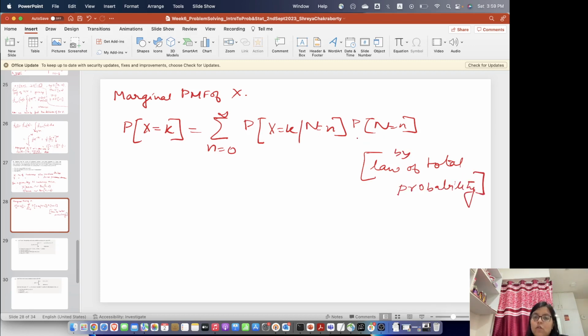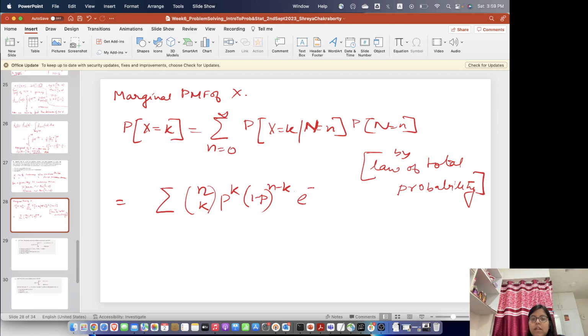Now x given n follows binomial n, p. So we can write it as summation n choose k, p to the power k, 1 minus p to the power n minus k, and probability n equal to n follows a Poisson lambda.